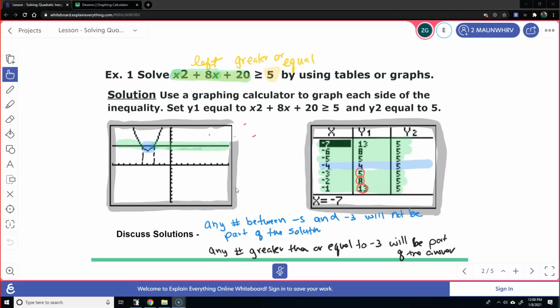This is the one we're talking about: x is greater than or equal to -3. On the left side, it would be x is less than or equal to -5. So any number less than or equal to -5 will be part of the solution.